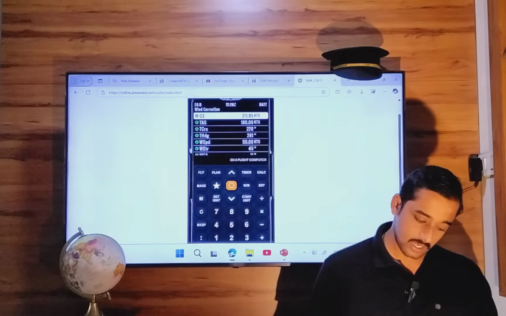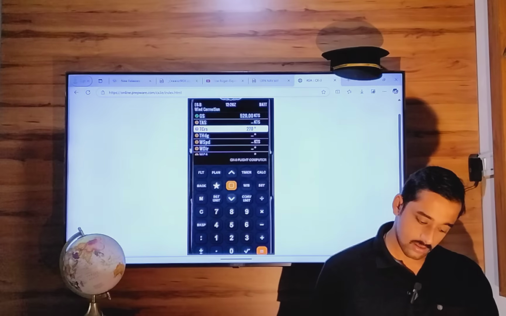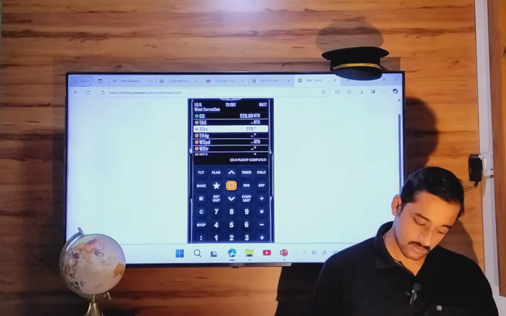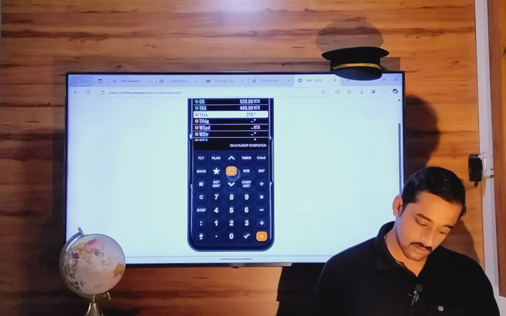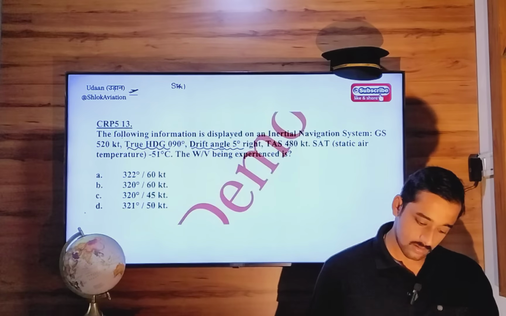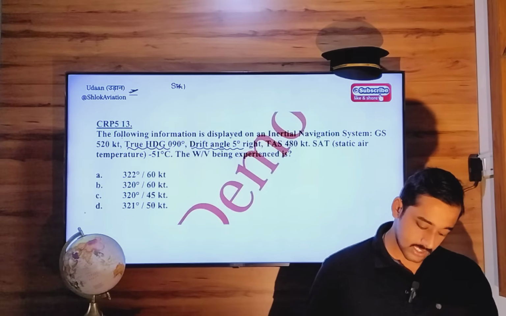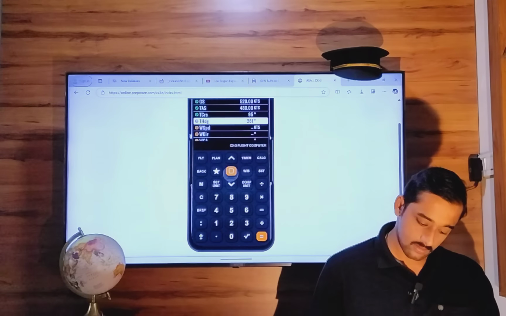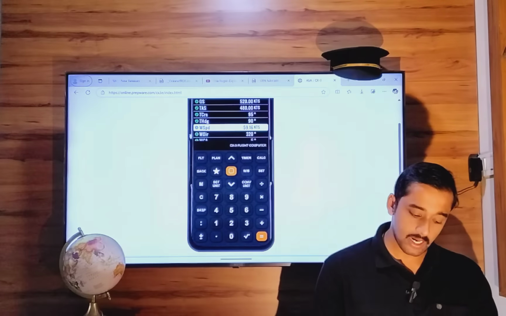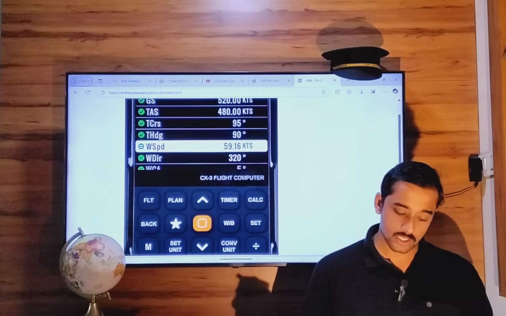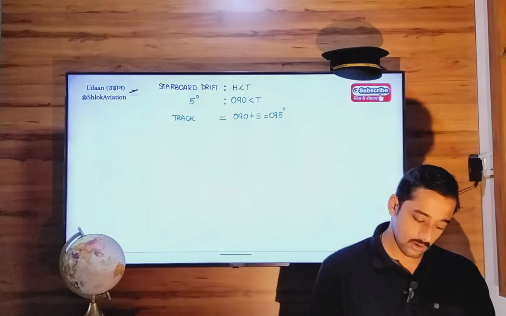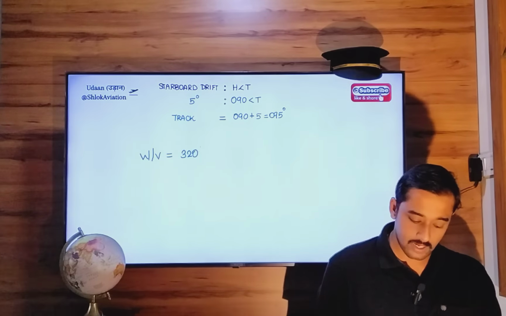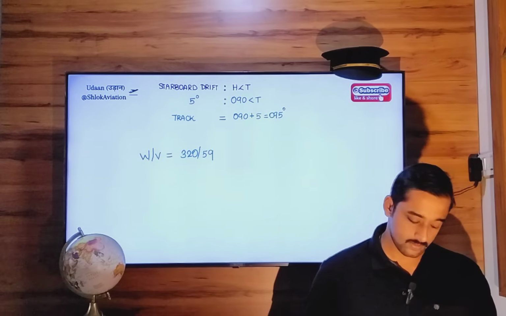Ground speed 520, task 480, heading 090 and track 095. So wind speed will be 59 knots, wind direction 320. This will be your final answer.